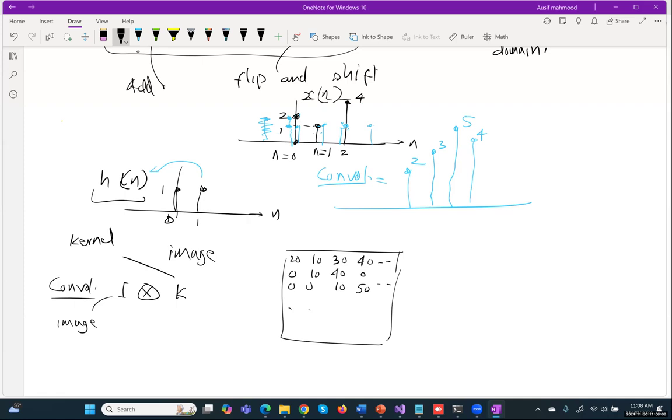So kernels are typically smaller. So, again, let's go back to my soccer example. One is a bigger image, and we are trying to do convolution with a smaller image. So that is my K, and this is my I, right?